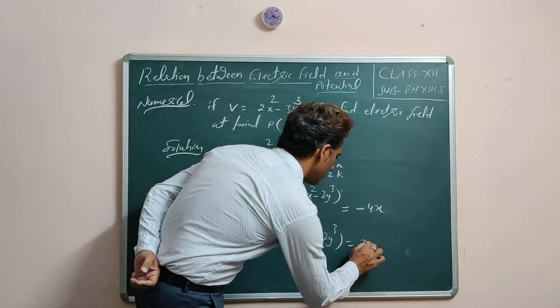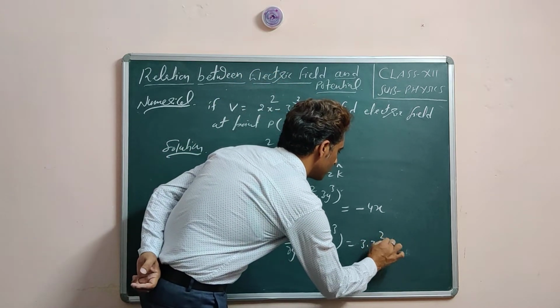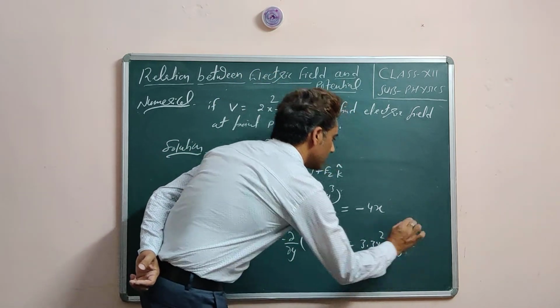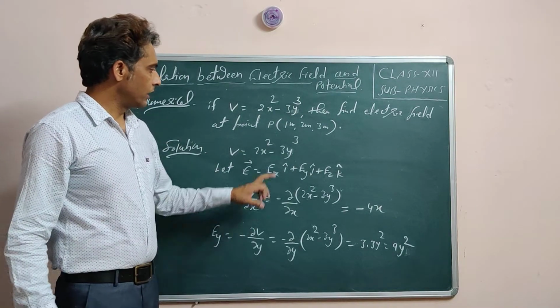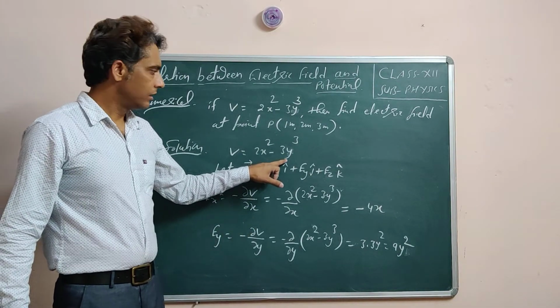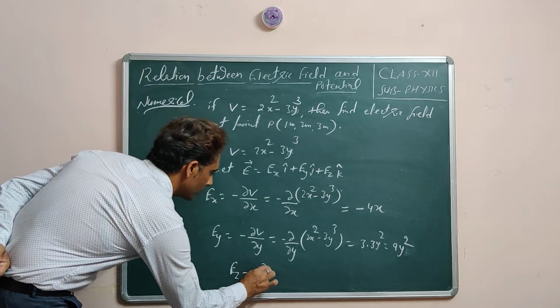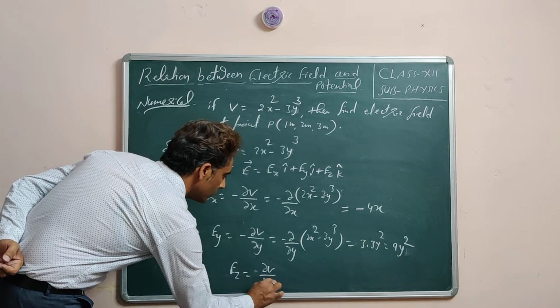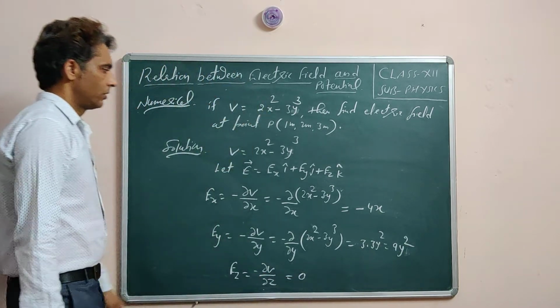So 3 into derivative of y cube, which is 3y square, that is equal to 9y square. And since there is no term containing variable z, Ez is equal to negative of del v by del z, that is equal to 0.